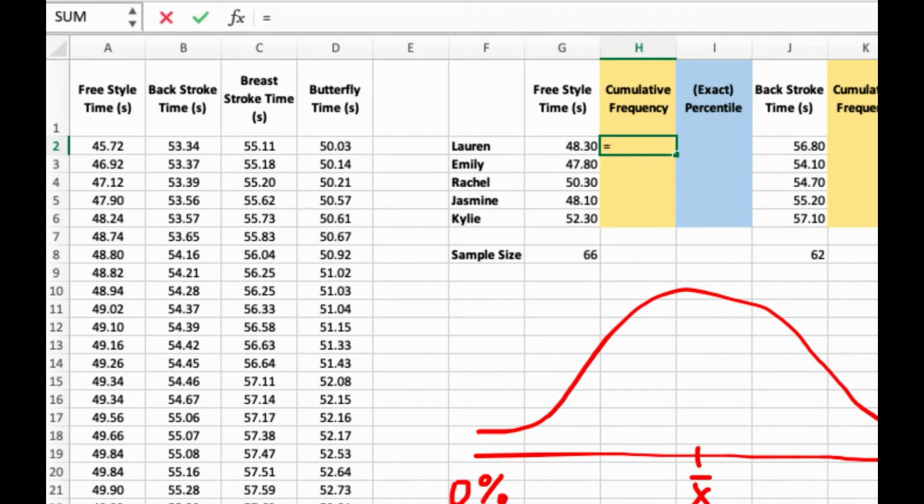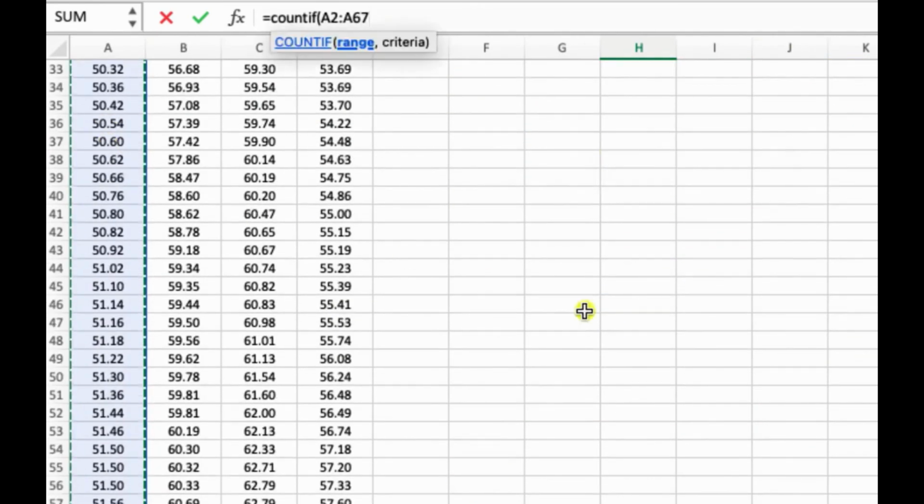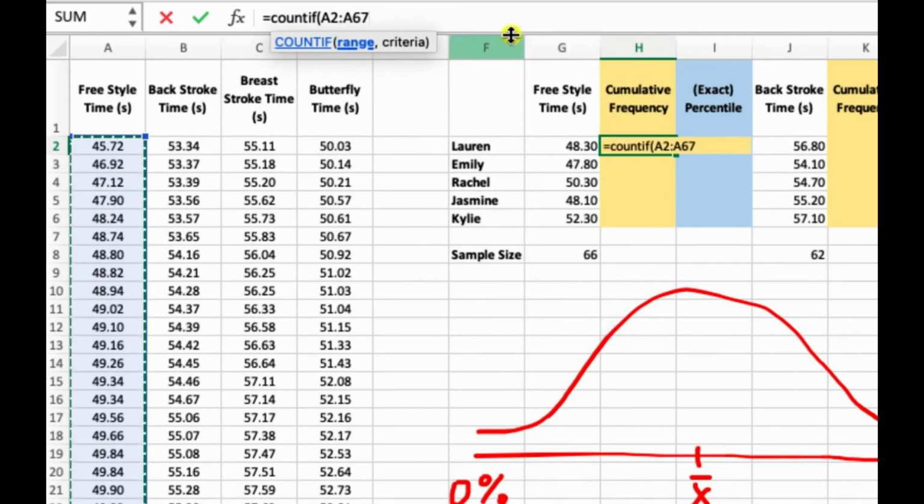So we can do equals COUNTIF. We only have one set of criteria, which is going to be our raw score of interest. So we're going to work off of our freestyle data. That's our range. We put a comma, and then we identify our criteria as our freestyle time for the subject that we are looking at.